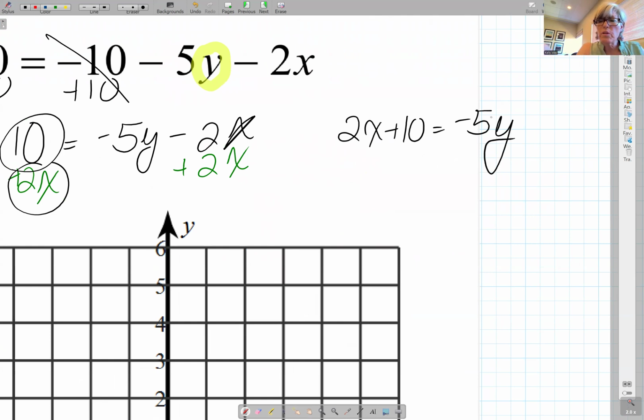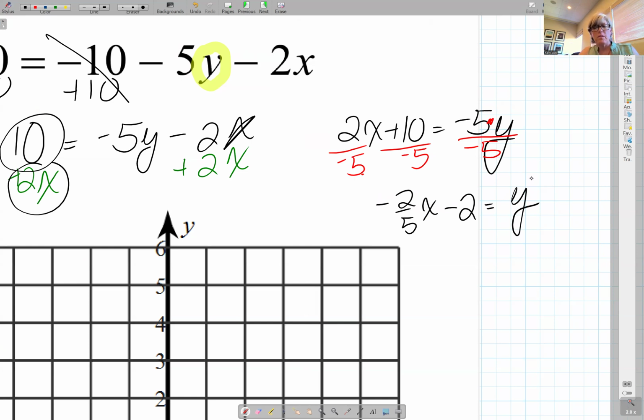Last step. The opposite of multiplying is dividing, and you must divide that 5 by both. So I have negative 2/5 x minus 2 equals y. Most of you don't recognize it like that, so I'm just going to flip it around so you do recognize it. Y equals negative 2/5 x minus 2.